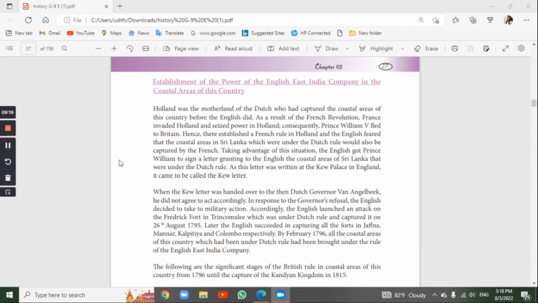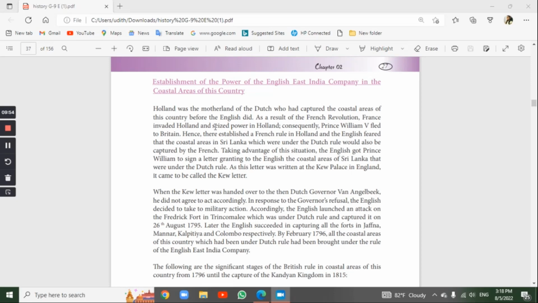Then let's talk about the establishment of the power of the English East India Company in the coastal areas of this country. We know Holland is the motherland of the Dutch, and before the English came, the Dutch had captured these areas. As there was a French Revolution, France invaded Holland, the motherland of the Dutch, and took power there.